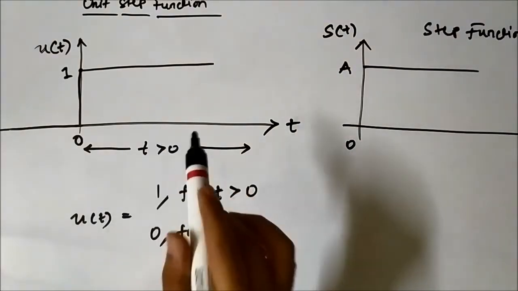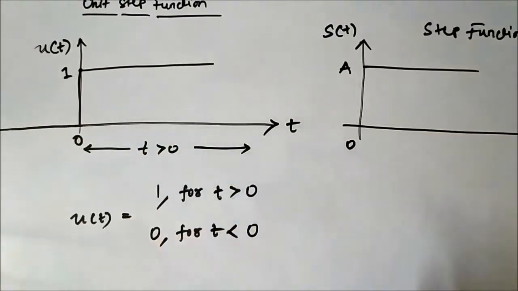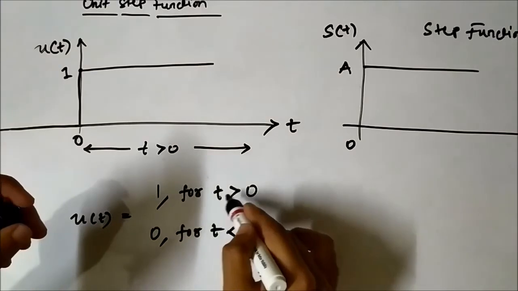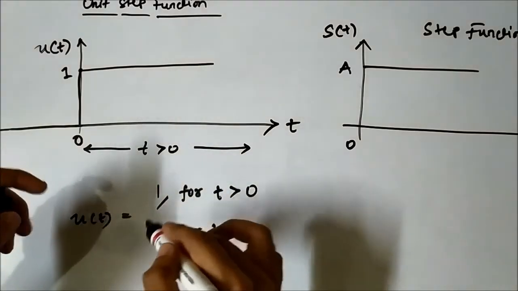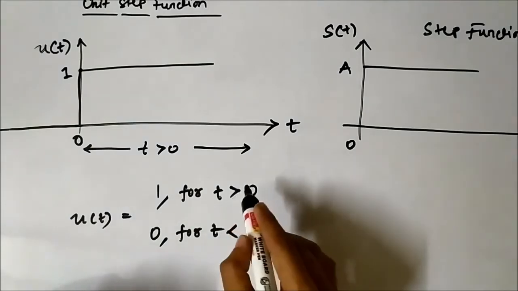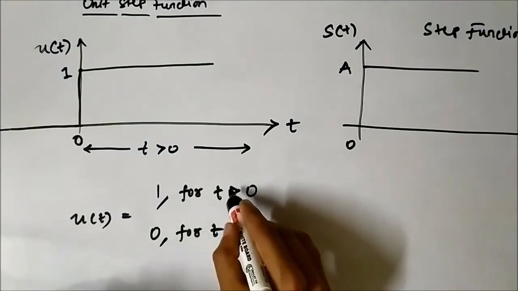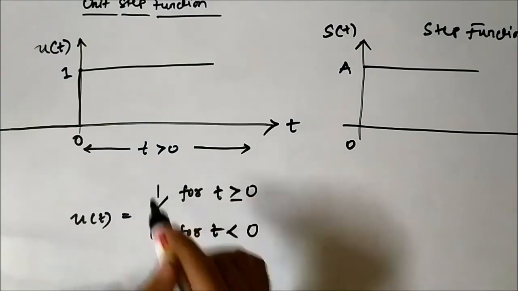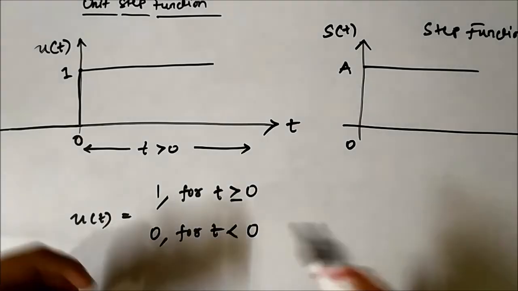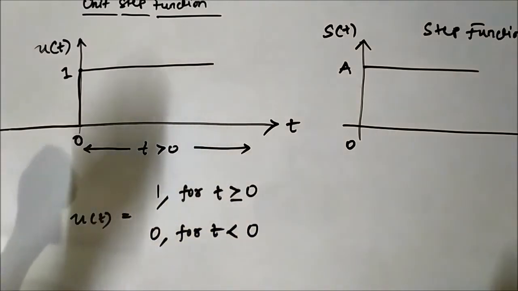It means that the value of u(t) at 0 is undefined, whether it is 0 or 1. Sometimes it's only given for t greater than 0 as 1, for t lesser than 0 as 0, and in some cases this is given, meaning for t greater than or equal to 0 it is 1, and for lesser than 0 it is 0.